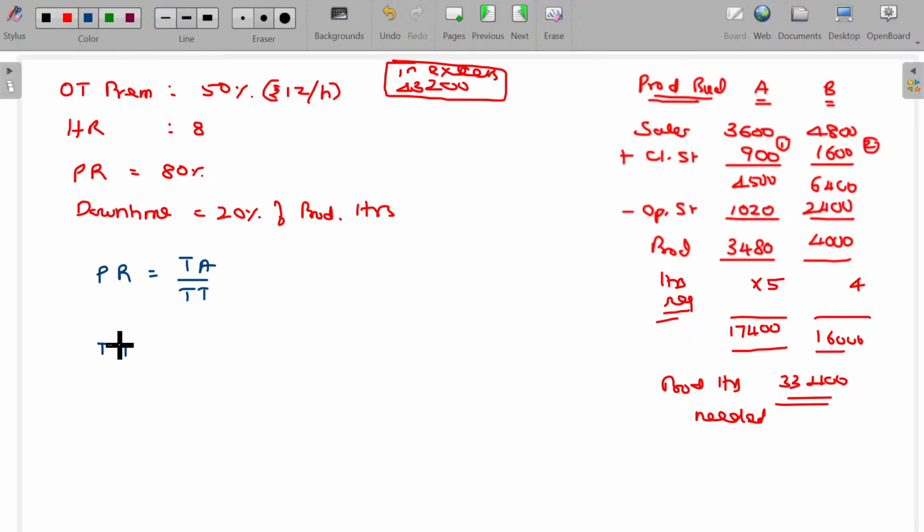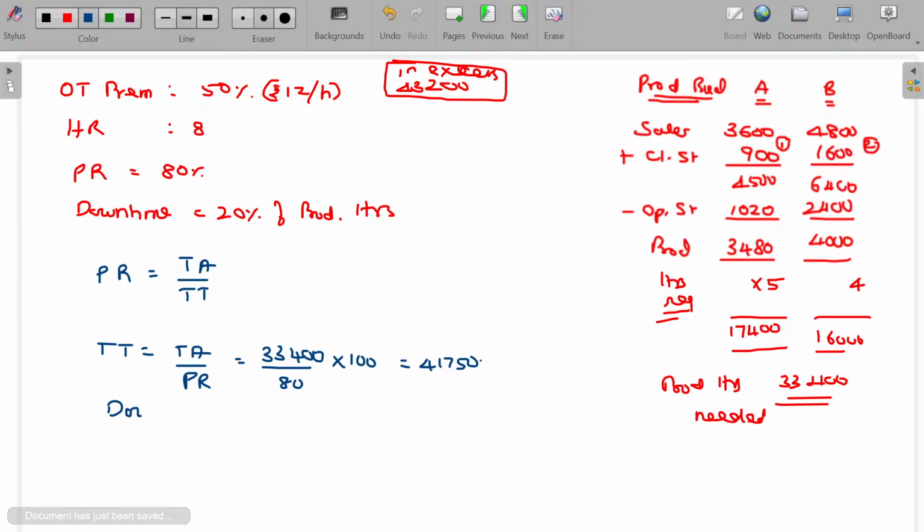Otherwise, time taken in this case is equal to time allowed by performance rating. Time allowed being 33,400 for doing this job, due to inefficiency, actual time taken being 41,750. Is that okay? This is assumed to be the productive time.